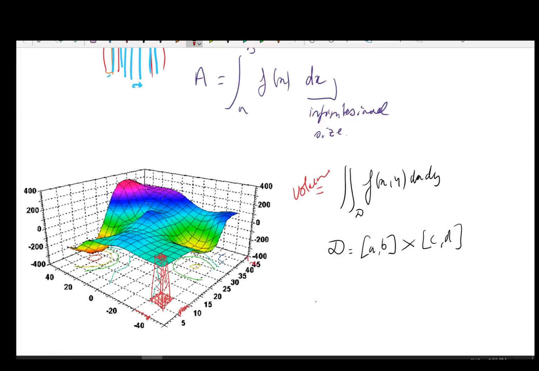For a positive function, it's going to represent a volume, and if your function takes negative values, you would take a signed calculation of the volume. So how does that work?